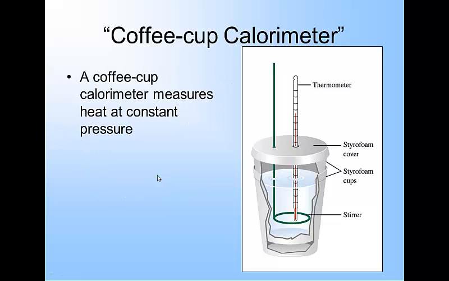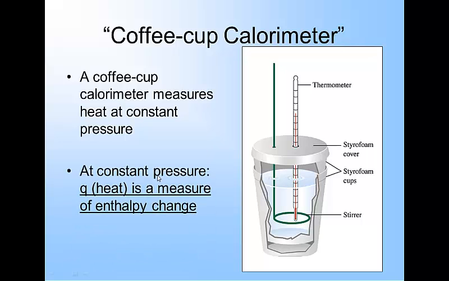There's our fancy coffee cup calorimeter, and it measures heat at constant pressure. And enthalpy is just designated with an H. Change in enthalpy is designated with the little triangular thing at constant pressure.